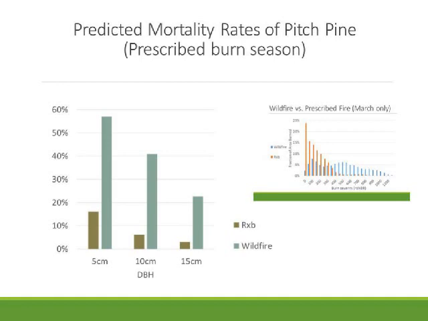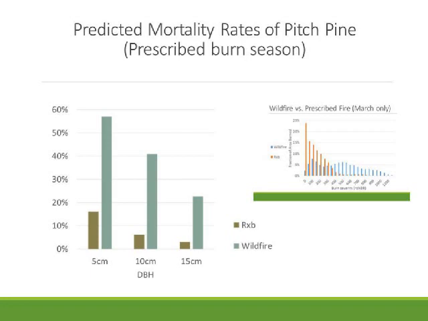Also, here's a slide about tree mortality rates, and I was comparing prescribed burn and wildfire proportions of pixels in March to see how rates of pitch pine mortality might vary between prescribed fires and wildfires in that time of year.